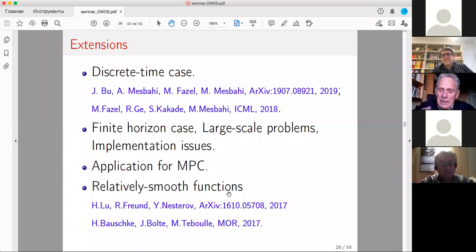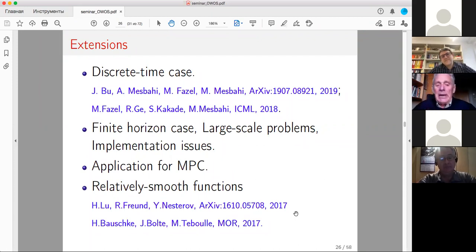this type of functions and so-called relatively smooth functions, which were introduced recently by Lu, Freund, and Nesterov, and independently by Bauschke, Bolte, and Teboulle in 2017.